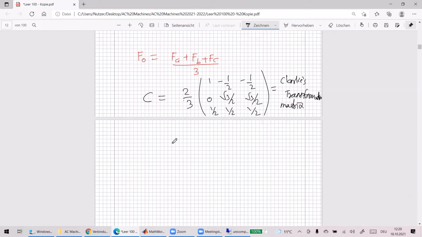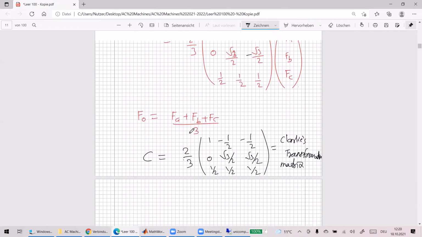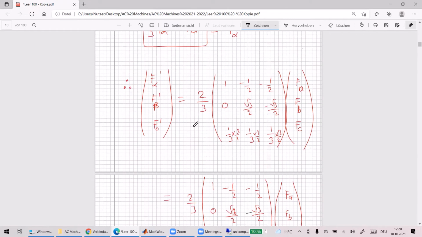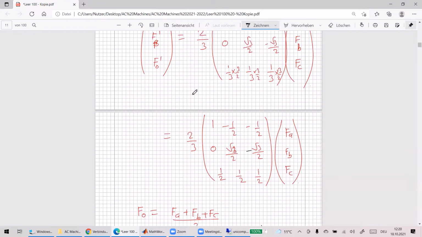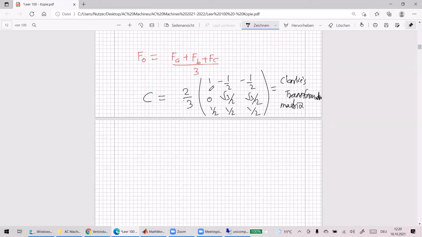Okay, and now if you see just for the fundamental component, we can write our F alpha equal to FA, right? For the fundamental component, what can we write? F alpha equal to FA. So we can write another matrix also, like the simplified matrix.